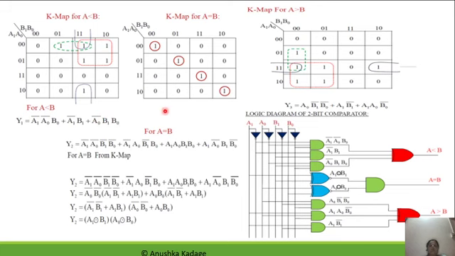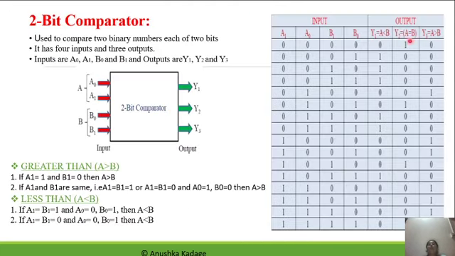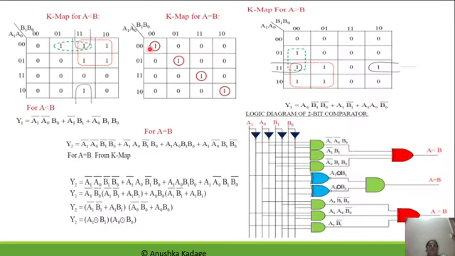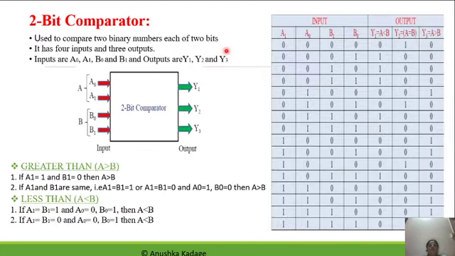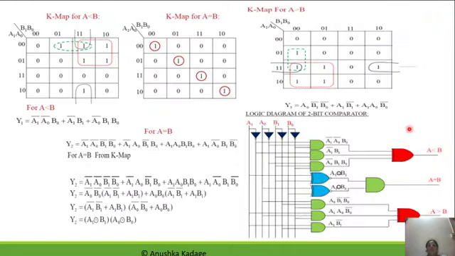Now we go for representing the K-map for the next output, Y2, in which 1000 is mapped in the first row. After 1000 we have 0100, which will be mapped.